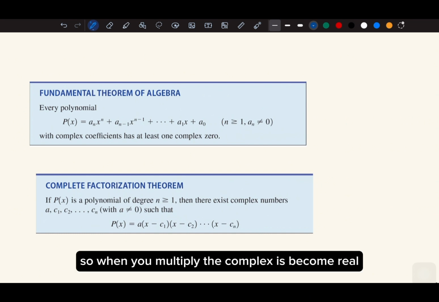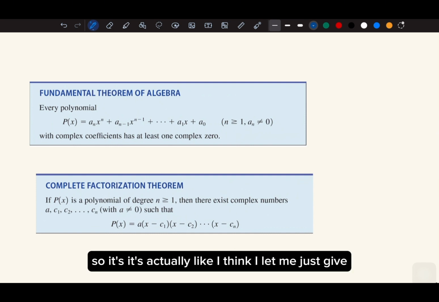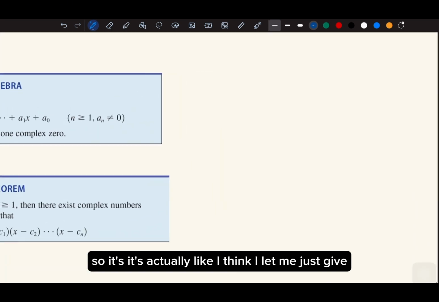So when we multiply, the complexes become real. Let me just give you some example.